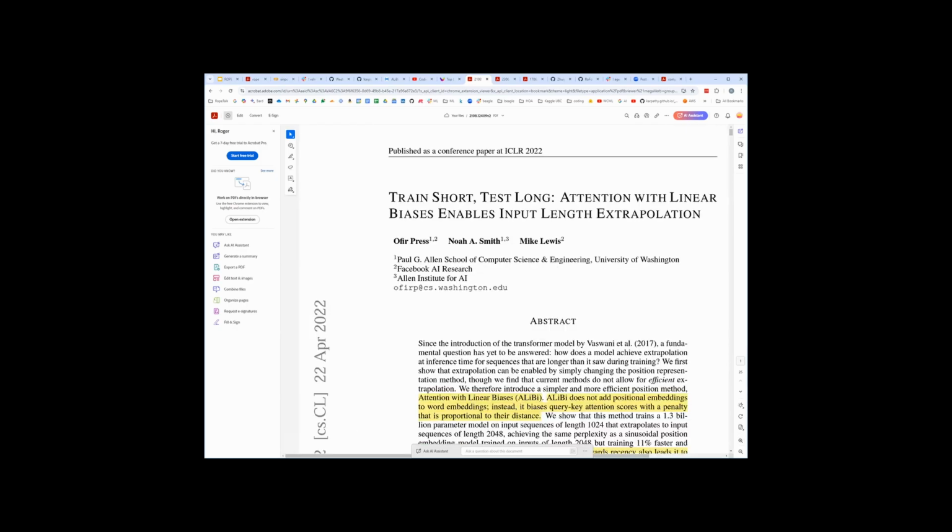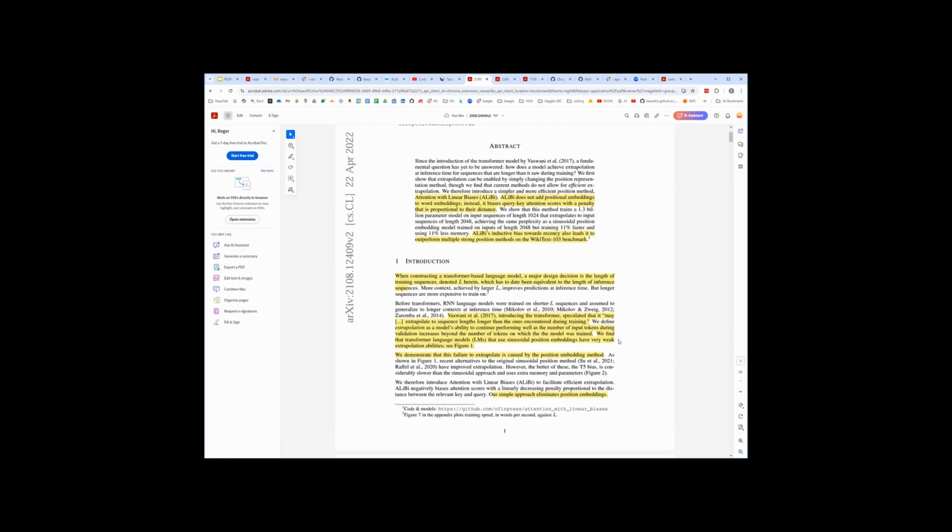But it was interesting as I read through, partly because I learned a little bit more about the other approaches. So with attention with linear biases, they're not like the original Attention Is All You Need, where the position is added to the original token, added to the residual stream.